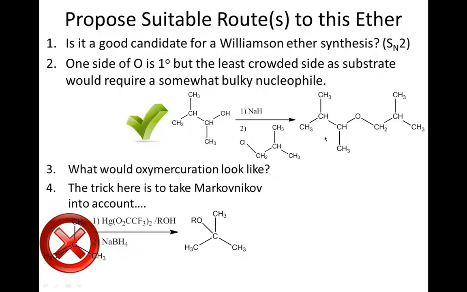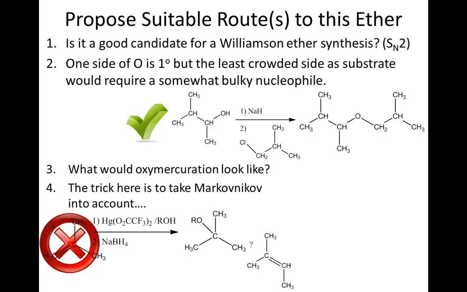Well, all right, so that means that maybe we need to look on this side and see if we put the double bond in here somewhere, would we be able to do the oxymercuration? So if we put the double bond here, okay, so let's examine that. This is a tertiary carbon, this is a secondary carbon. Which carbon is going to get the oxygen group?